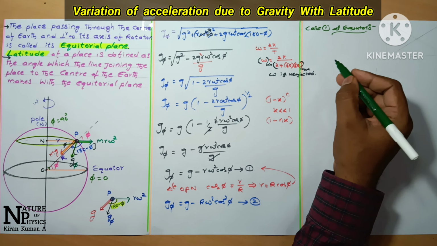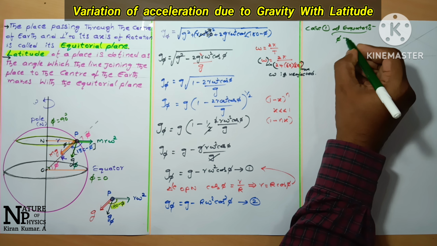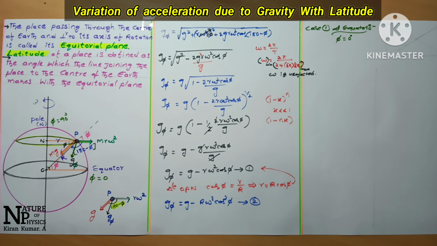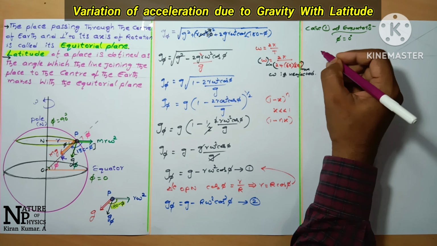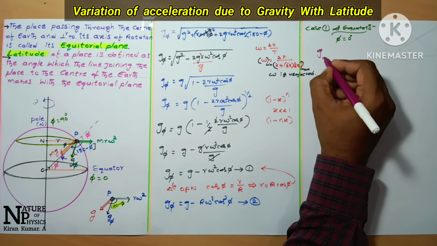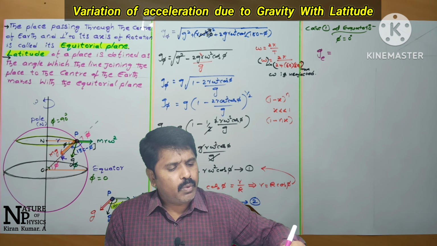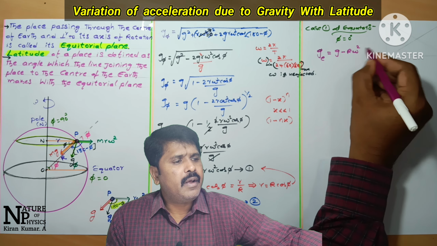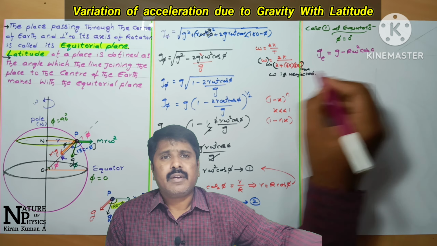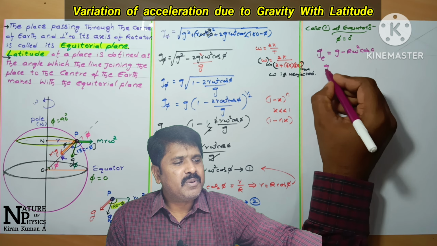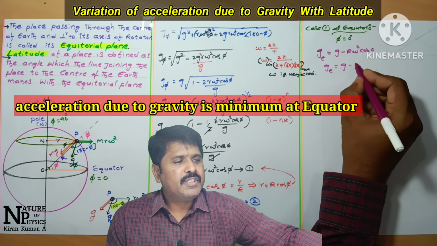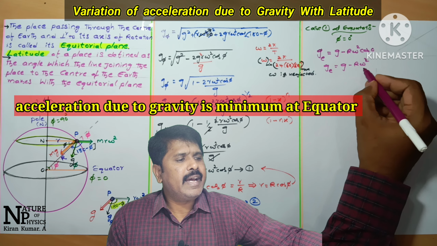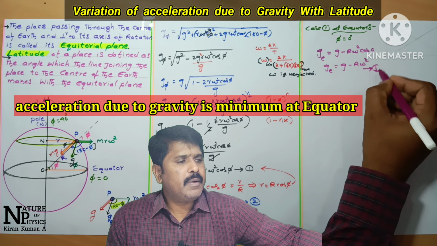And then the value is replaced, that is phi is equal to 0. So in the continuation step, writing g equator, g equator is equal to g minus r omega square cos 0. Cos 0 is equal to 1. So g E is equal to g minus r omega square. This I can write as equation number 3.